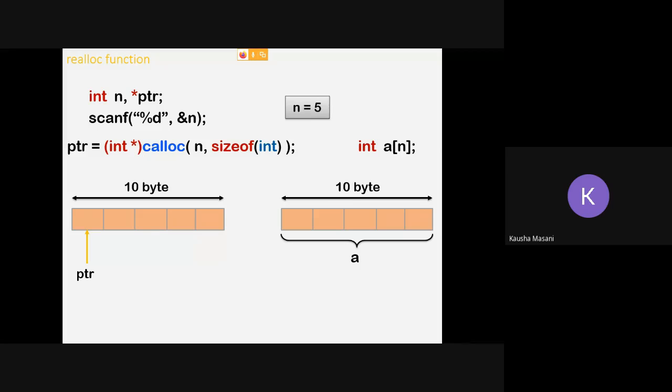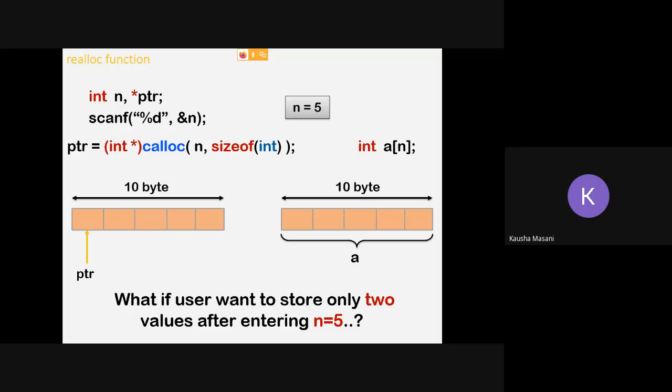You have to go and do it again. For an array, you have to either change the n value or statically edit or override that n value. But in the case of your DMA, if the user is storing only two values even after entering n equal to 5, then you can change that. That means you can free up the memory with the help of realloc.